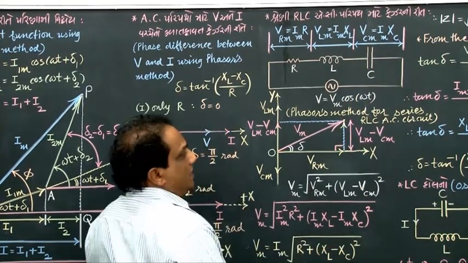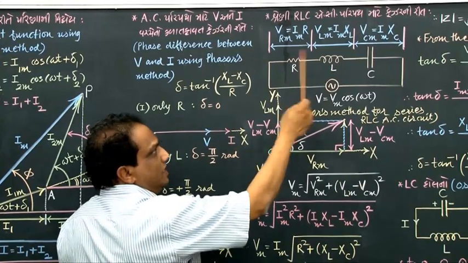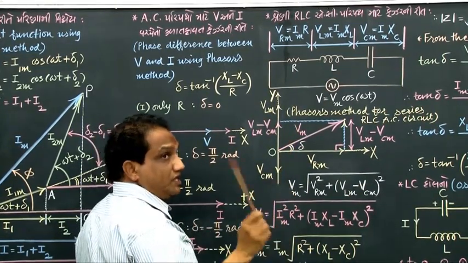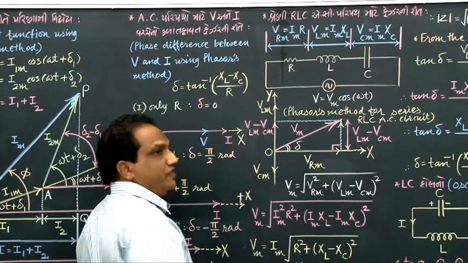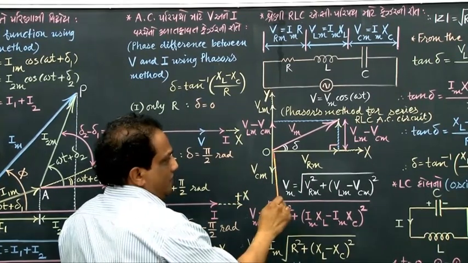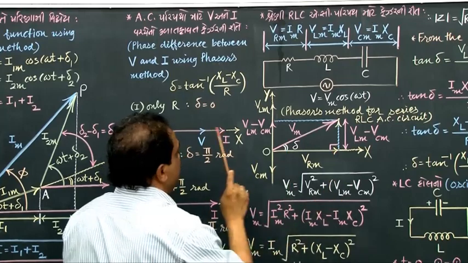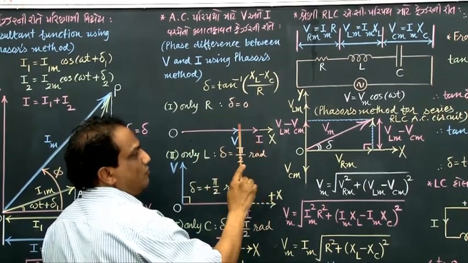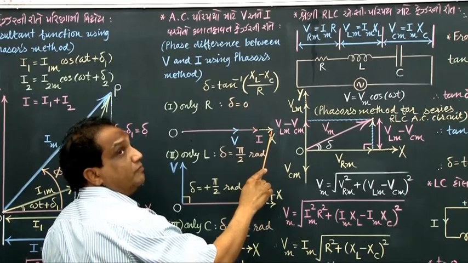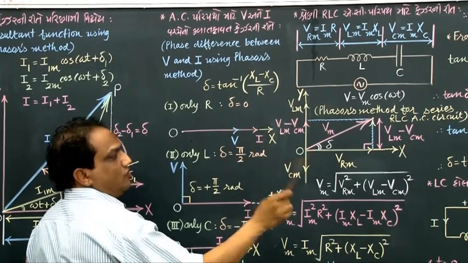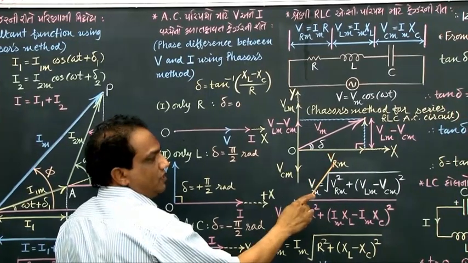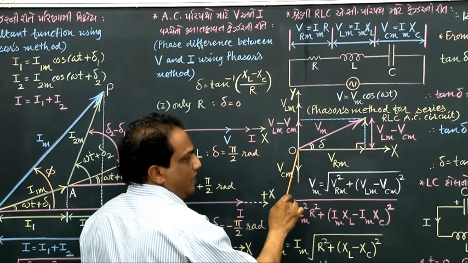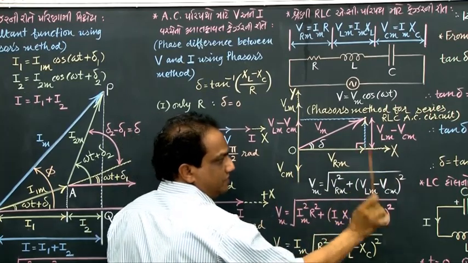Now let us find out the maximum value of resultant voltage using the phasor diagram. For a resistor, you know, the voltage phasor points in the same direction as the current phasor. Both of them point along the positive x-axis. So for maximum voltage across the resistor, you should draw the corresponding phasor along the positive x-axis, correct?